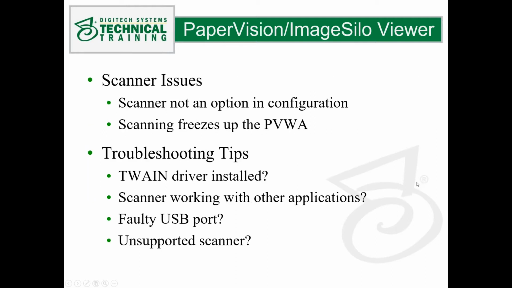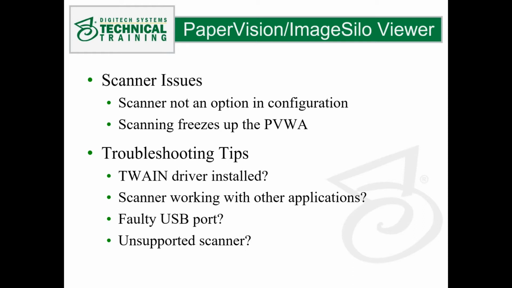Next, we're going to talk about scanning issues. I'm just going to briefly talk about some tips for this. If your scanner is not showing up as an option in scanner configuration within the viewer, most likely the machine itself is just missing the needed drivers. So for PaperVision Enterprise viewer or image silo viewer, Twain drivers are what is needed to be present for it to work properly with the viewer.